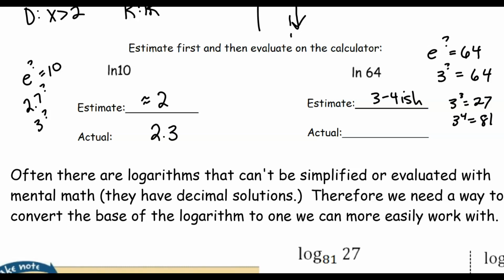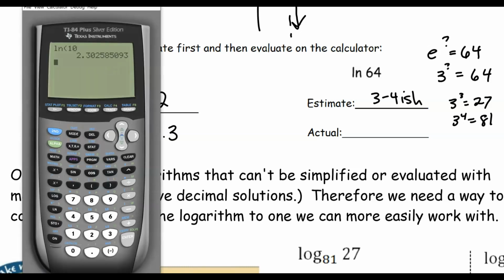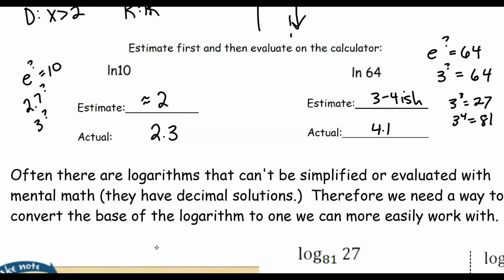Again, it's just nice to have some number sense with that. And since 2.7 is less than 3, that's why that number is a little bit bigger, 4.16. Estimating with the calculator is a little bit easier to get a more accurate estimate, but I just want you to have a feel for what the numbers would be.